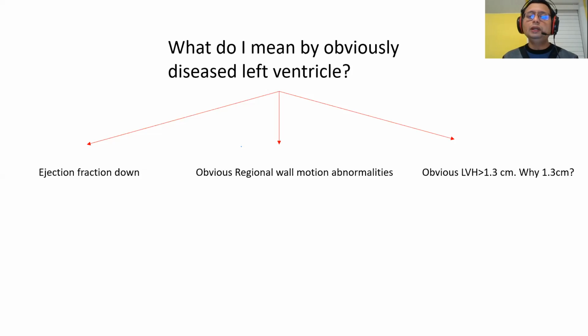The reason we say 1.3 centimeter is because in a patient with athlete's heart, it is actually quite normal for them to have wall thickness up to 1.2 centimeter. It is absolutely rare for anyone to have wall thickness that is more than 1.3 centimeter unless you are an African American athlete. So remember these three parameters as someone that obviously has diastolic dysfunction.